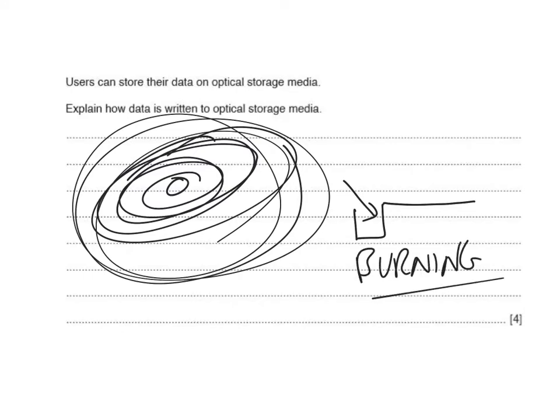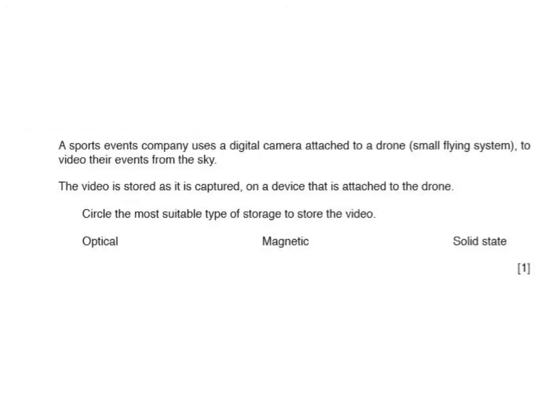So just go back over that one again. Pits and lands give us the ones and the zeros. It's burnt in using a laser. Don't talk about red or blue, because this one doesn't make any specifics.